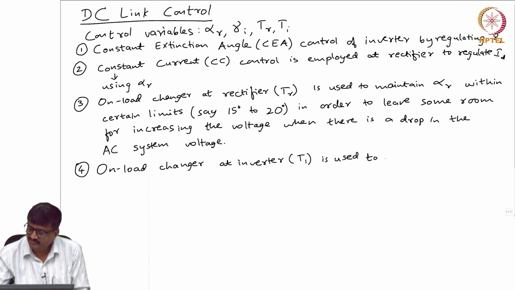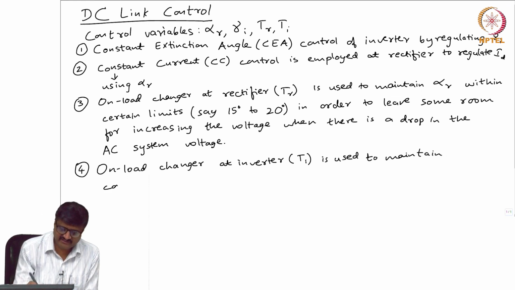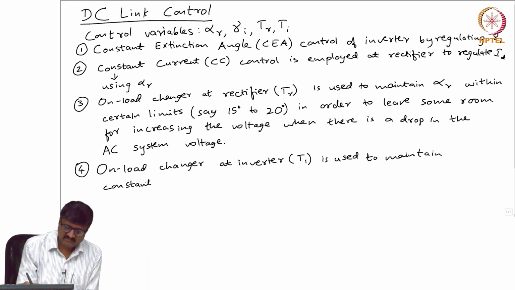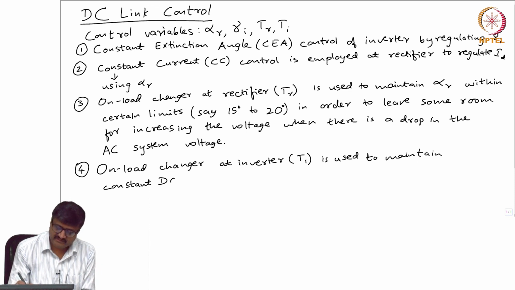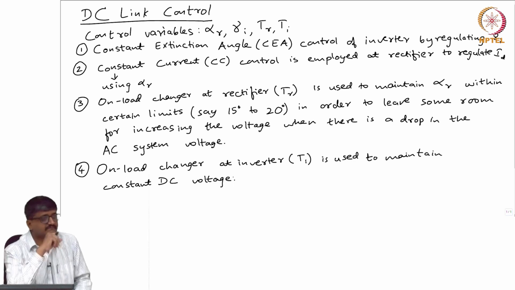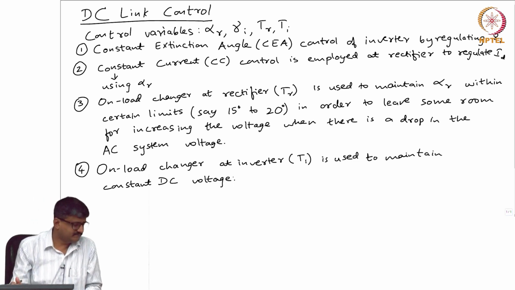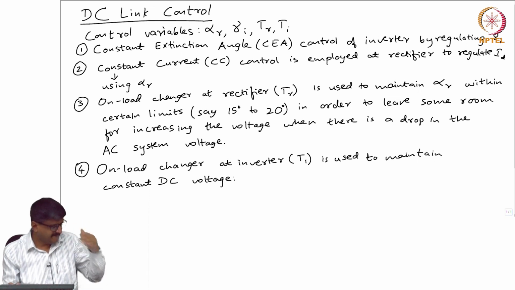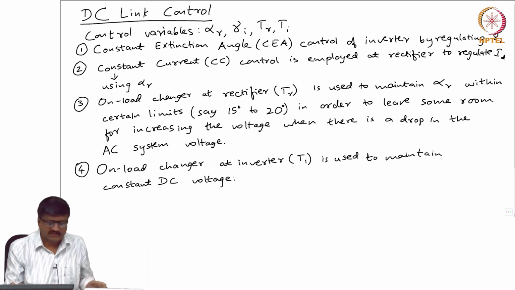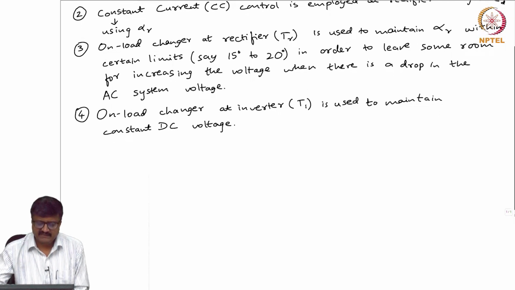Is used to maintain constant DC voltage. Okay. So, this is how the 4 control variables are used.